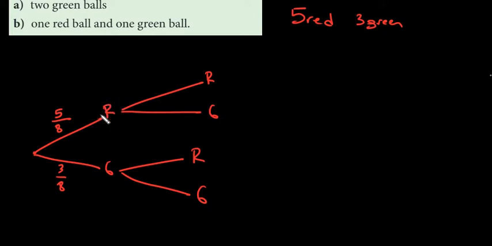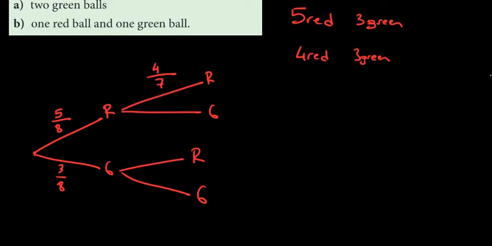Now, red ball. The number of red balls will be decreased by 1, right? So now I will have 4 red and 3 green balls. So in the second try, I want to get a red ball. I have 4 red balls and total number of balls is 7.